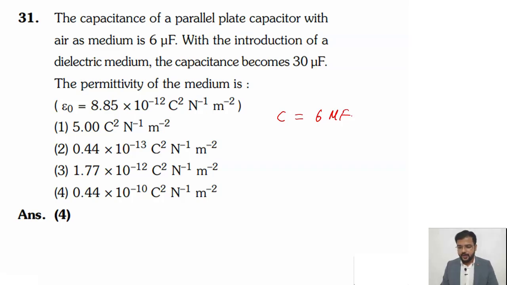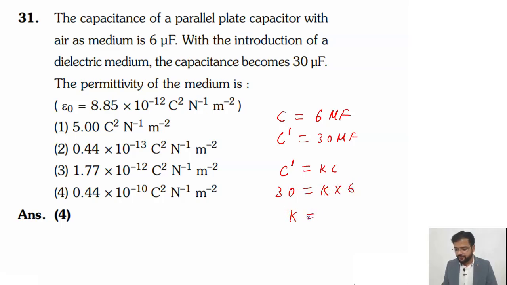Correct? And if you put some dielectric material inside the capacitor, the capacitance is C dash, and this will be 30 microfarad. We know the relation between C dash and C is C dash equals KC, correct? So C dash is 30, and C is 6.